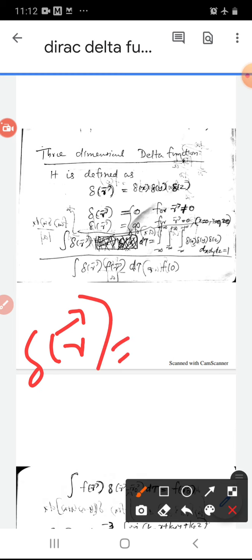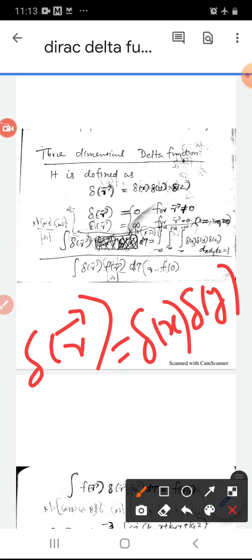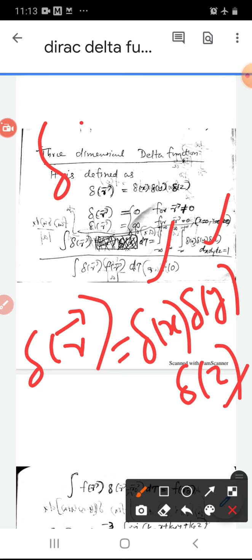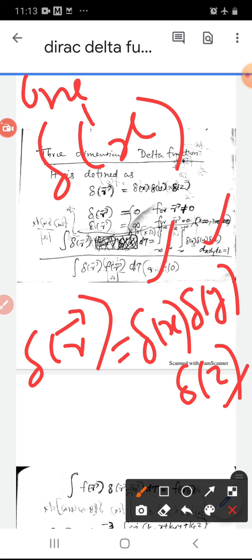This is equal to delta x, delta y, delta z. So product of delta x, delta y, delta z. We have already seen delta x. This is the one-dimensional one.